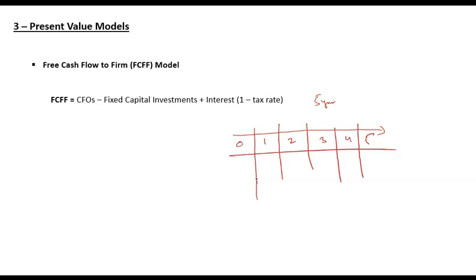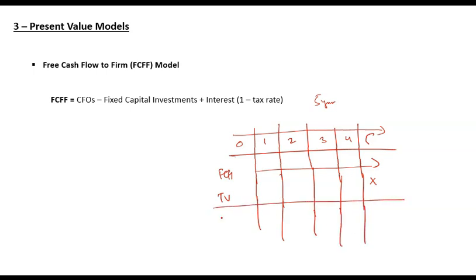Once you have forecasted the future cash flows for 5 years, you will list them down. The next step is to calculate the terminal value at the end of the 5th year, using the same formula that we discussed here. Once you have the terminal value, you sum both of these rows.